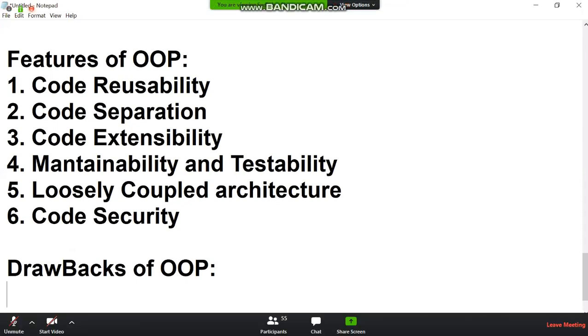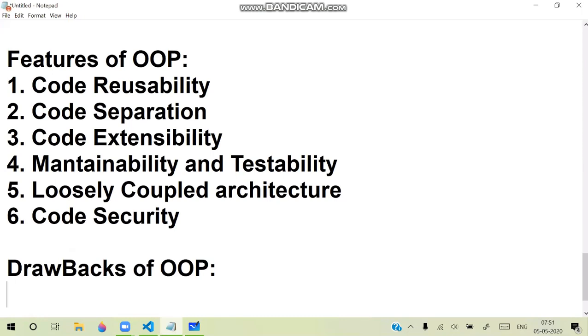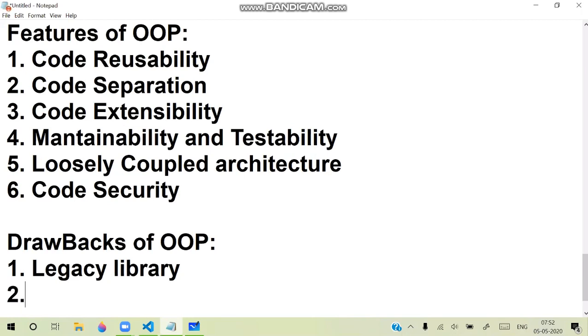Drawbacks of object-oriented programming. One important drawback is that it uses a legacy library. So it is tedious and more complex in configurations.